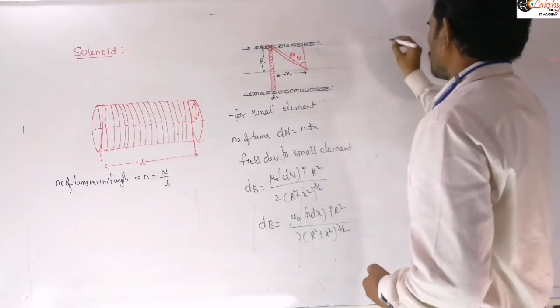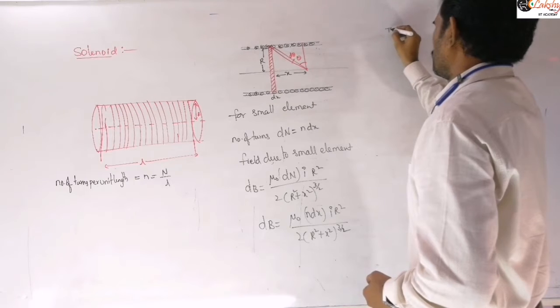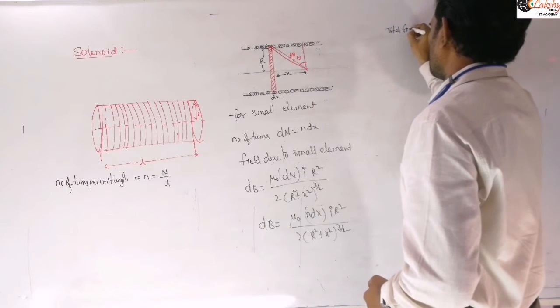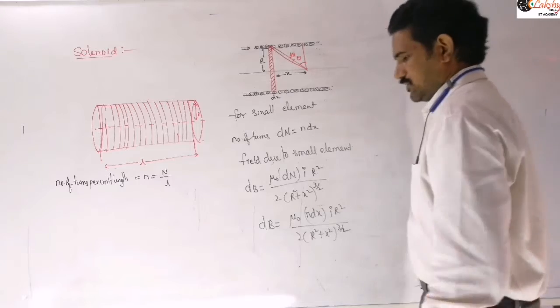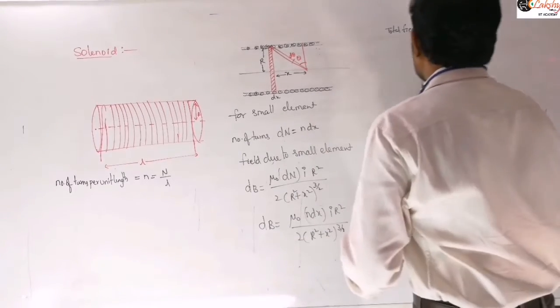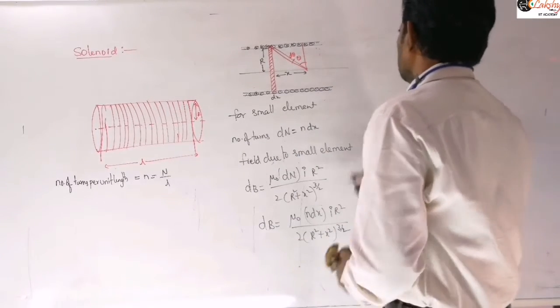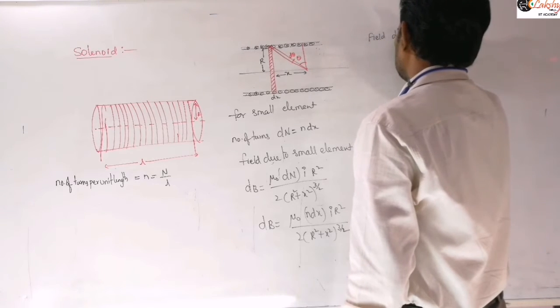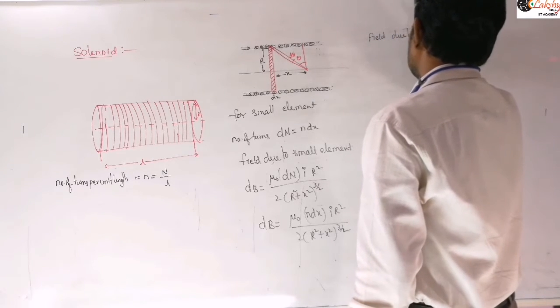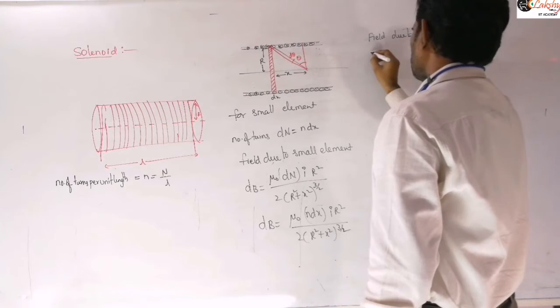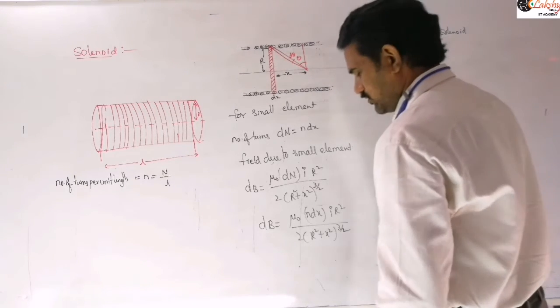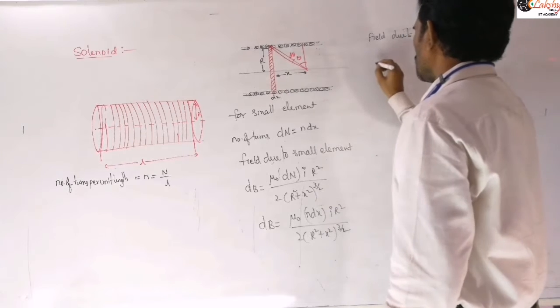Now the total field, that is the field due to the total solenoid, or the total magnetic field, means you just need to integrate this equation.